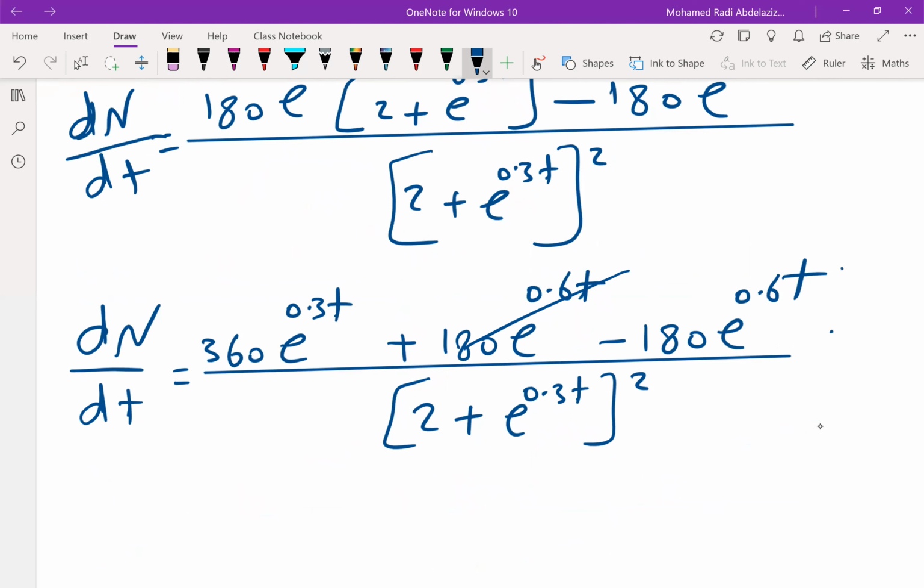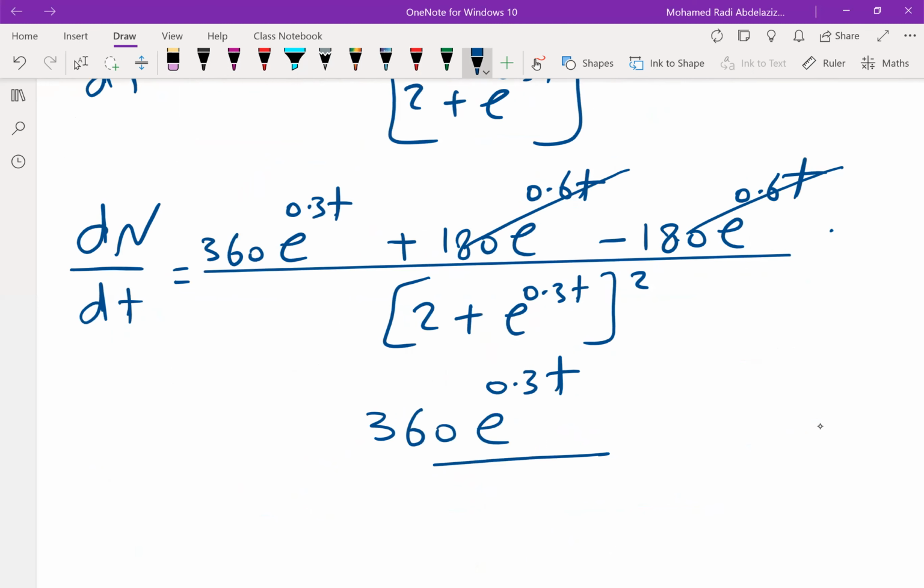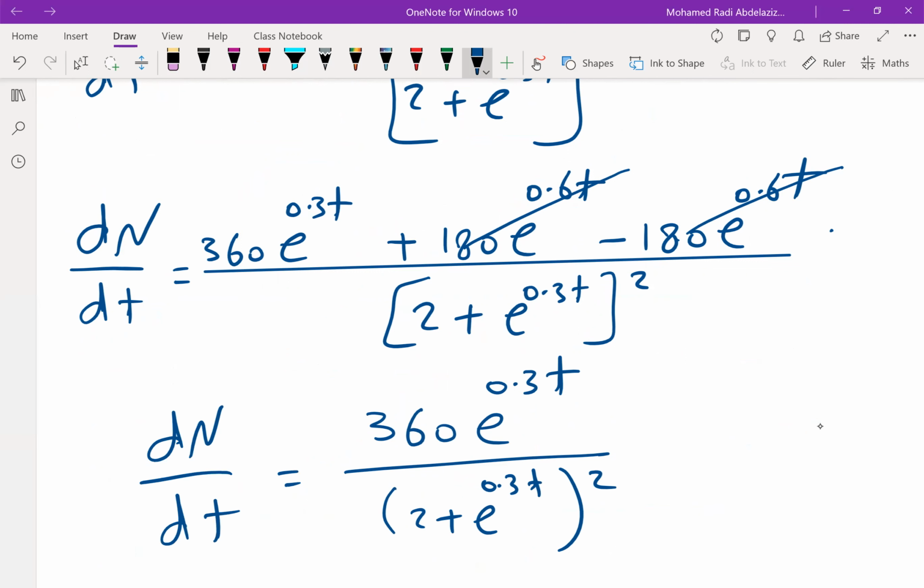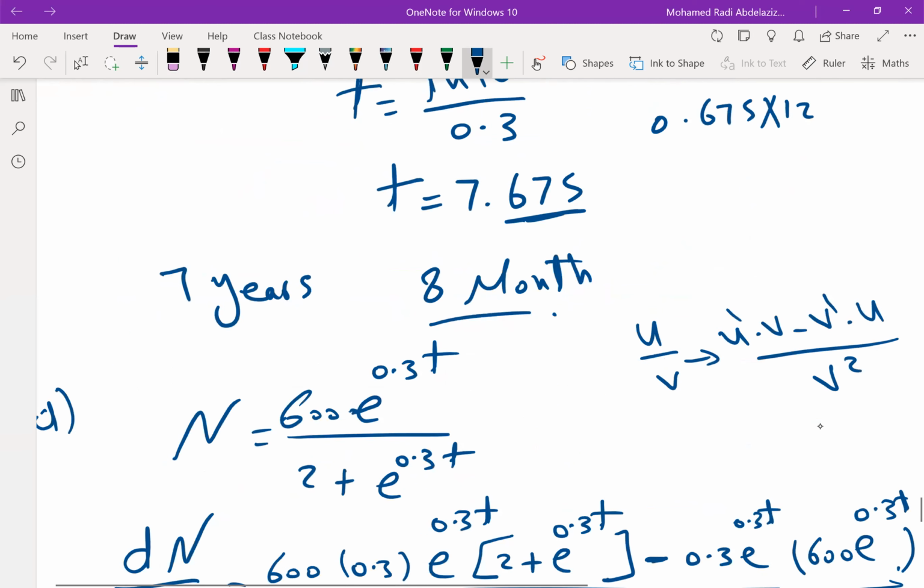We can cancel, so the final answer is 360 e to the power of 0.3t all divided by 2 plus e to the power of 0.3t the whole squared. This is dN by dt. This is the final answer of part D.